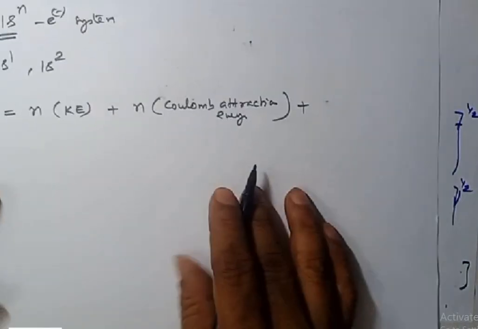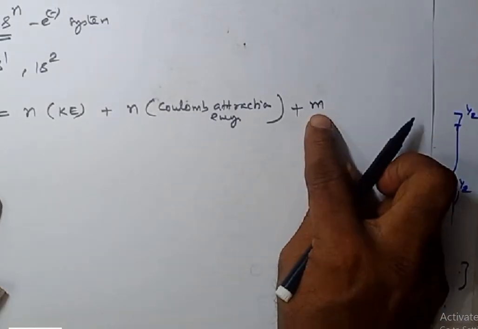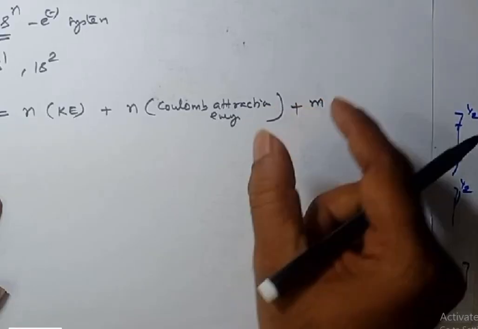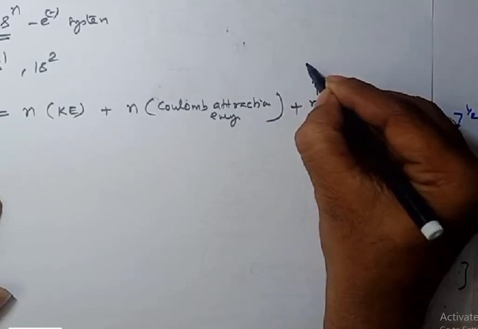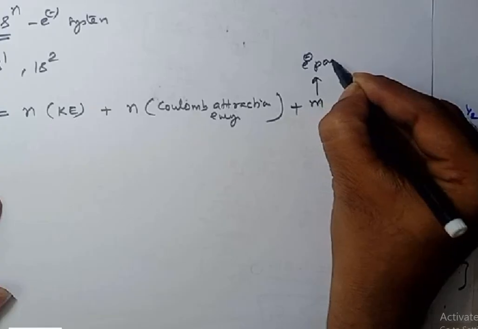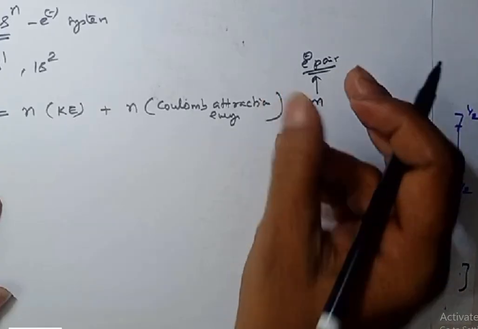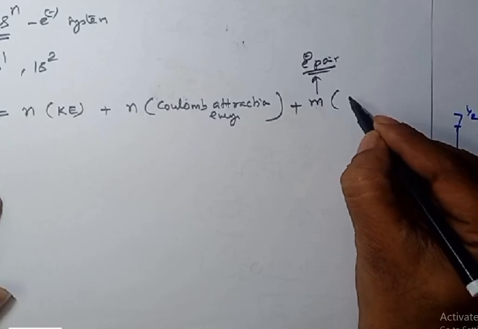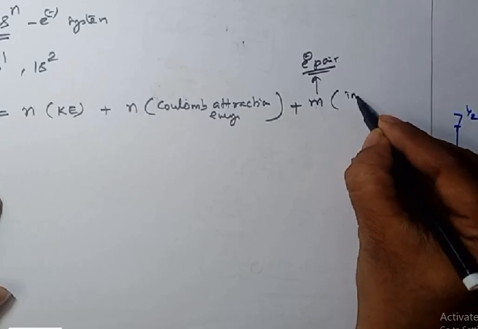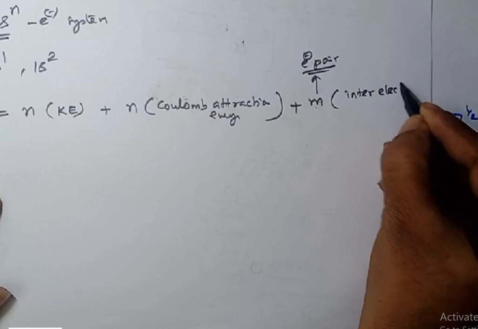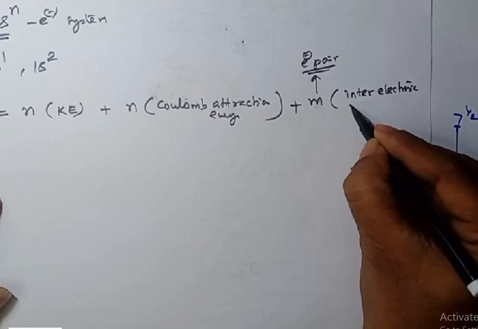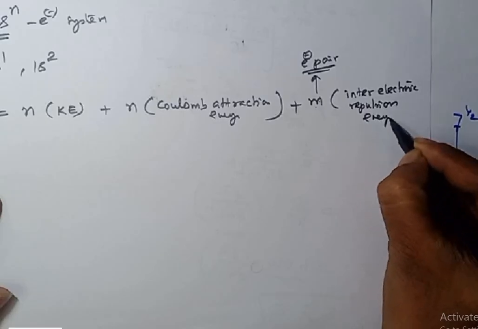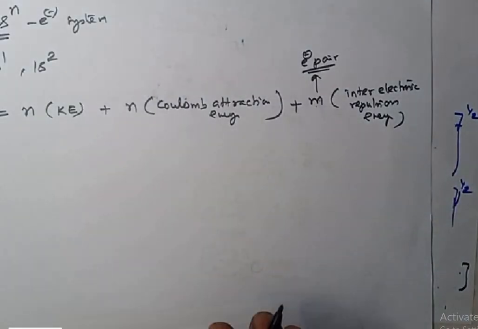Then plus m, the number of electron pairs which repel each other, into the Coulombic or inter-electronic repulsion energy. Okay, take note.